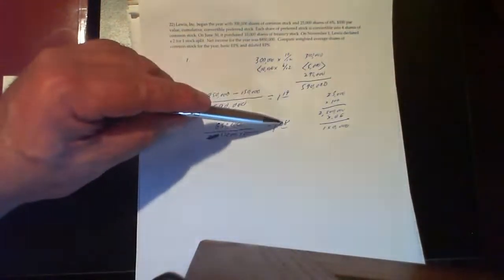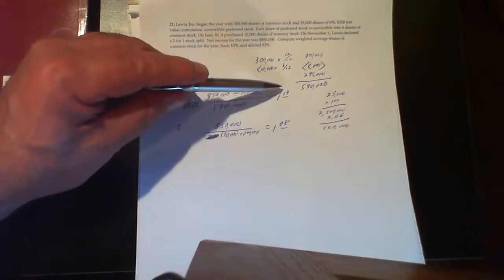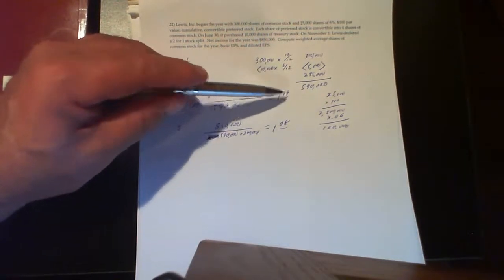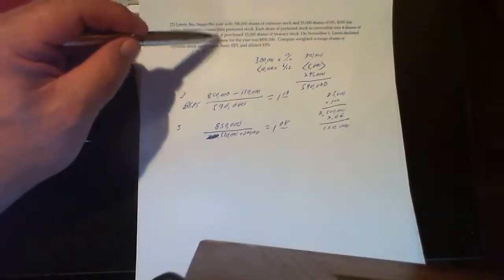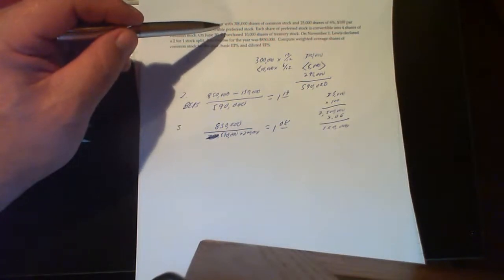All right, now, just out of curiosity, what would have happened if this number had become larger? So it had been, let's say, $1.21. Then we would not report diluted earnings per share because the shares that were considered to be presumptively dilutive, where they call it anti-dilutive.